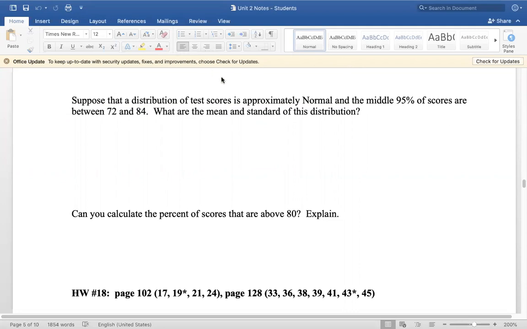Same thing, I'm going to draw a picture. So we know that your mean is here in the middle. We know that 1 standard deviation, 2 standard deviations is at 84, and same thing below, we have 72.